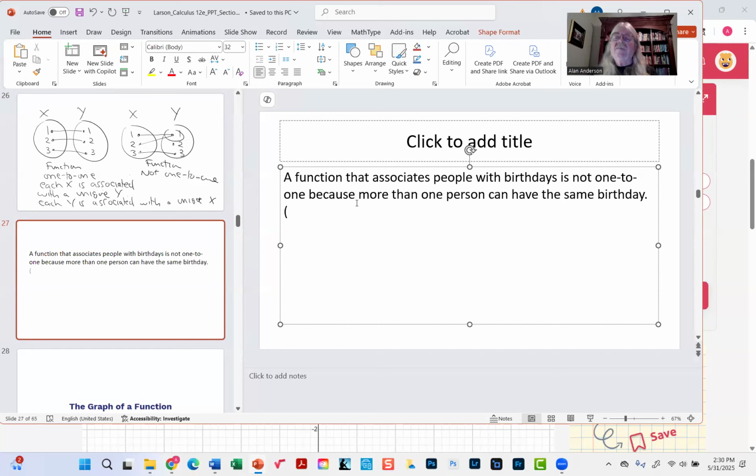So we're assuming that people are X and birthdays are Y. On the other hand, a function that associates people with social security numbers, that's a different matter altogether, isn't it?